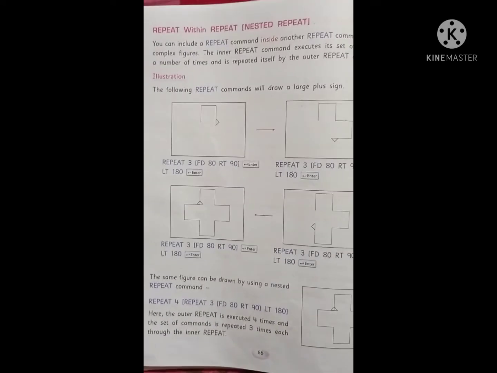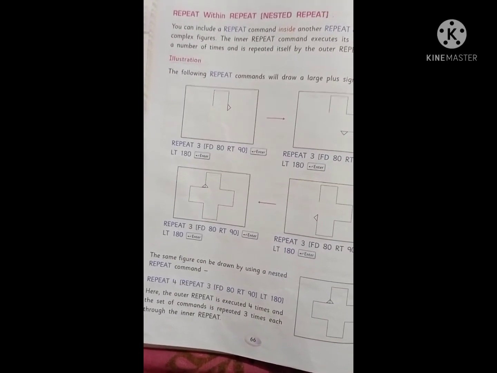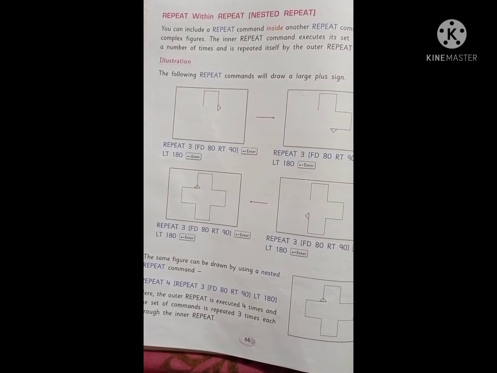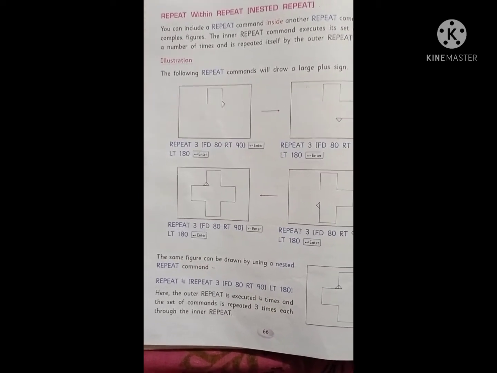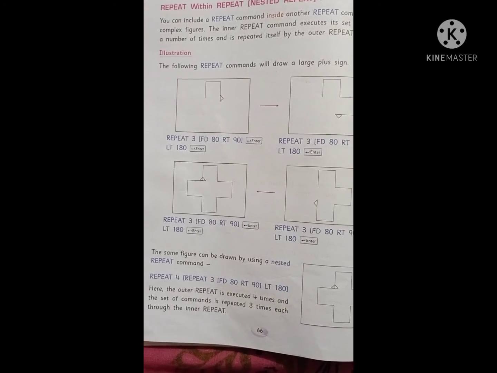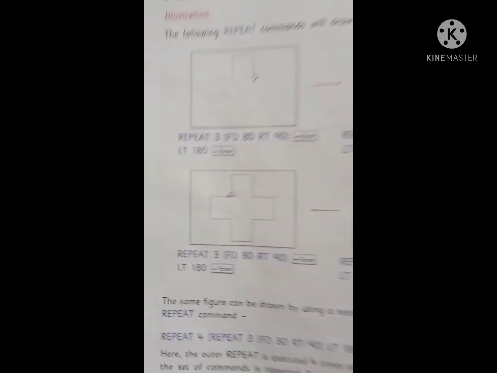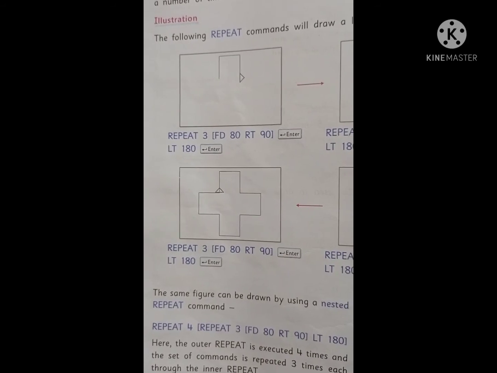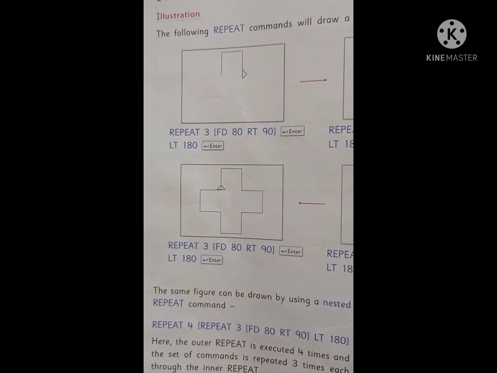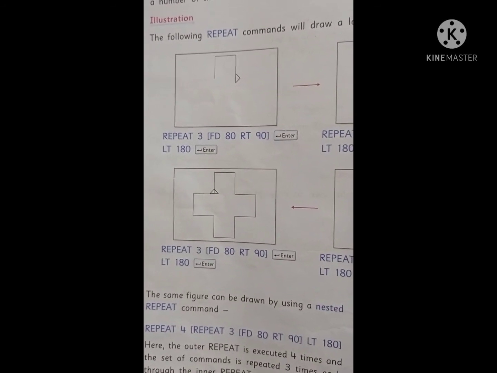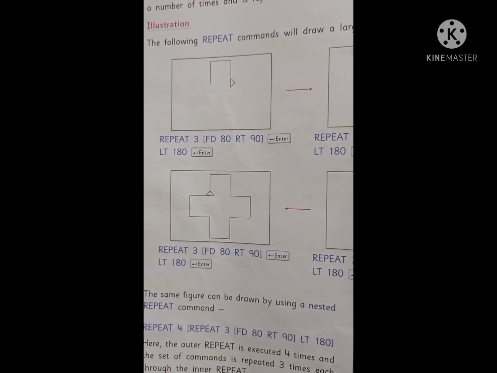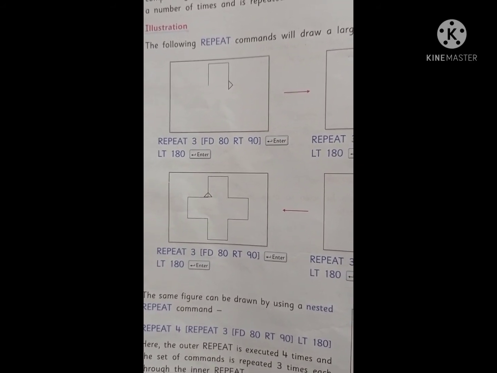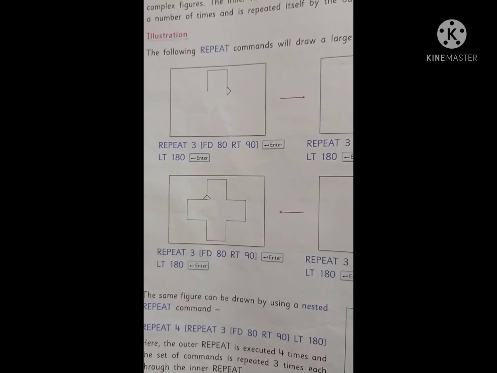Then the last topic is repeat within repeat, or nested repeat, which means we are writing a repeat command inside another. Here we can see repeat 3 FD80 RT90, LT 180. We are repeating FD80 RT90 3 times.